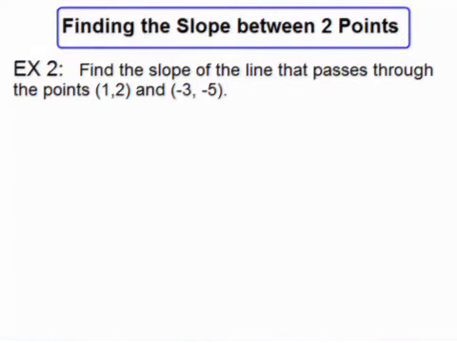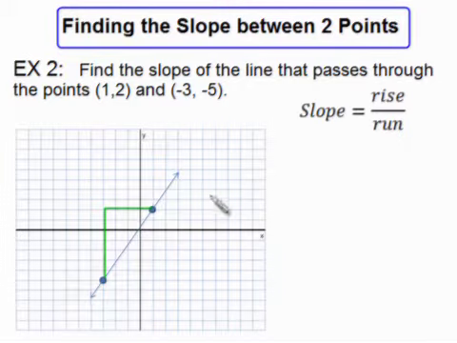Example 2. Find the slope of the line that passes through the points 1, 2 and negative 3, 5. So graphing them, we have the point 1, 2 and the point negative 3, negative 5. Slope is defined as the rise over the run.